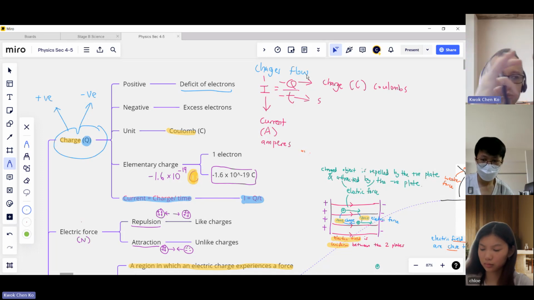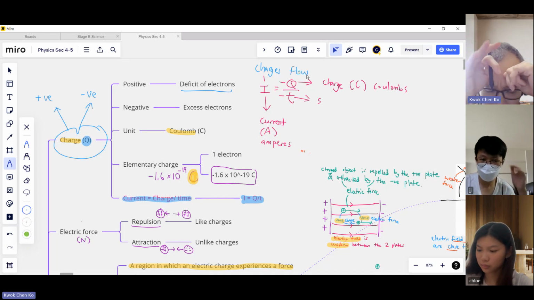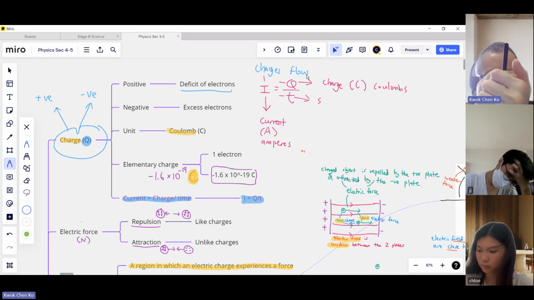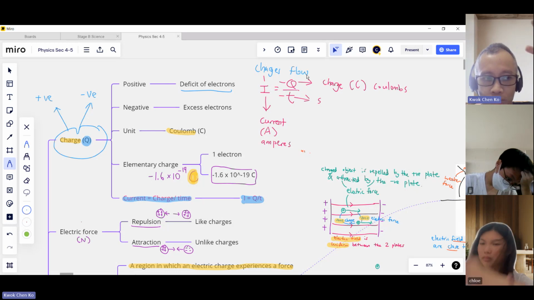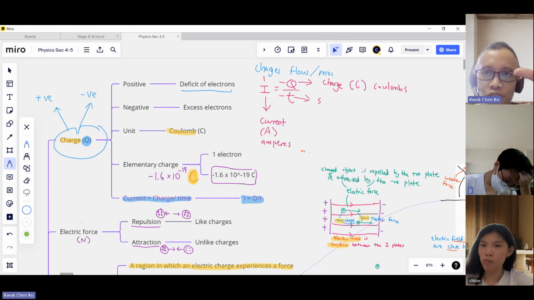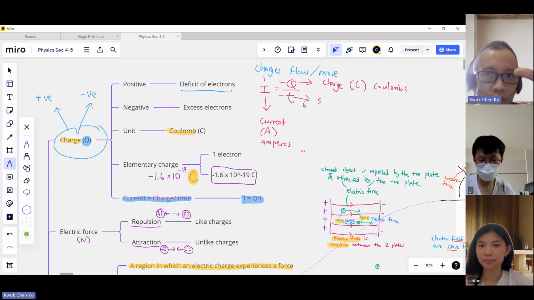Once they start moving, of course, sometimes the question doesn't make it obvious. You have to figure out that the charges are moving. So whether it is positive or negative charges, as long as they start to flow or they start to move, then this formula comes into use.